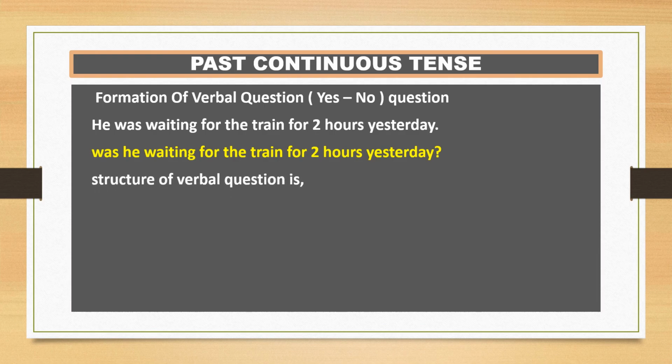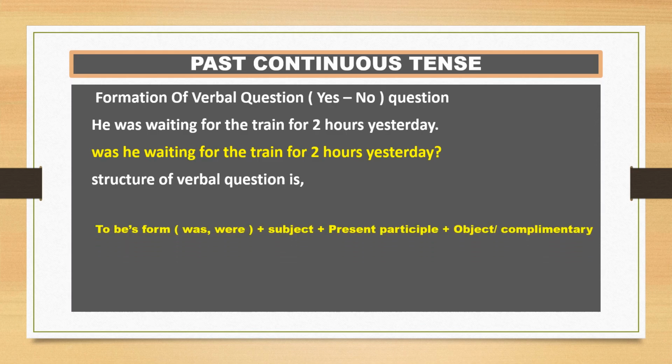So the structure of verbal question is the to be's form was, then the subject of the sentence, then the present participle, then the object or the remaining part of the sentence. In the question, was he waiting for the train for 2 hours yesterday? Here, was is the to be's form. He is the subject of the sentence. Waiting is a present participle, and then the remaining part of the sentence.